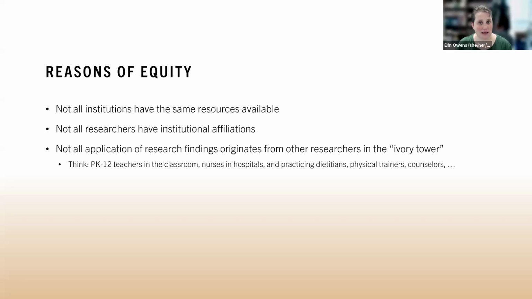Think about PK through 12 teachers in the public school classrooms. Think about nurses in hospitals, or practicing dietitians, physical trainers, counselors, and numerous other fields. They can make real-world application of your research, but they have to be able to access it, and most of them aren't going to have expensive journal subscriptions through a university.